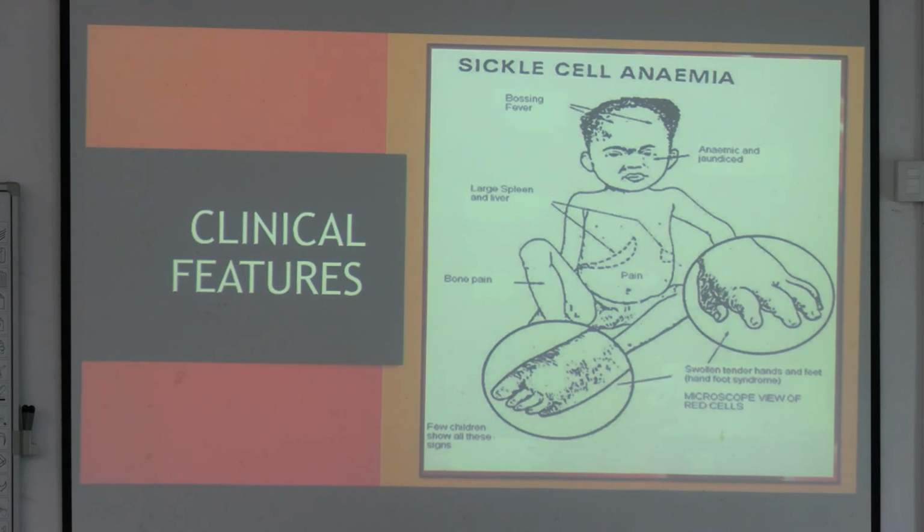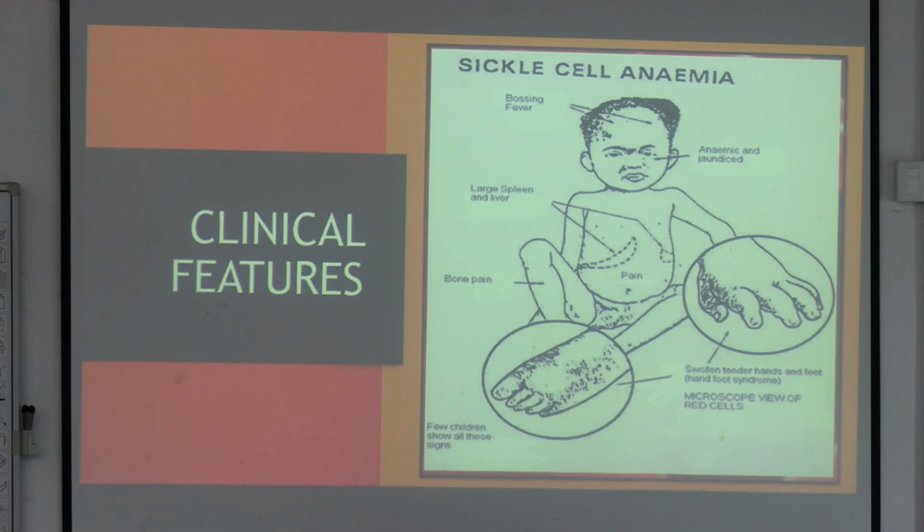The most common manifestation in children is hand-foot syndrome, because the appendicular and digital arteries are mostly end arteries. What are end arteries? Arteries that don't have any tributaries. So if the end arteries are occluded, there is no chance of collateral vascular supply to the affected organ. So the extremities are more prone to ischemic injury in children.